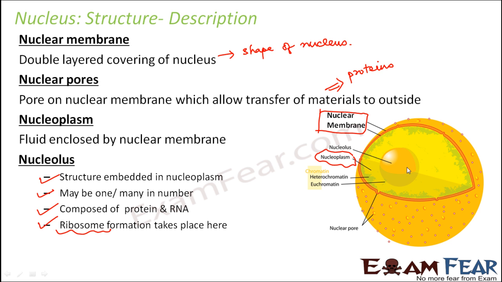Continuously, protein and RNA combine with each other and form protein-RNA complexes. The area where a lot of protein-RNA complexes are formed becomes dense, and that area is called the nucleolus.